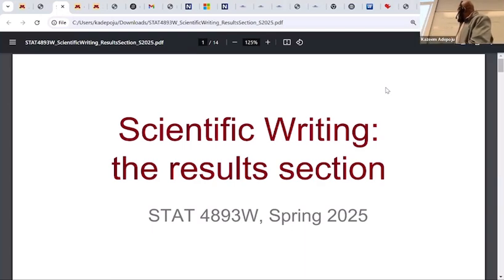The systematic way is going from abstract to introduction, at times to literature review, to methodology, to results, and after results we have discussion, then finally conclusion.